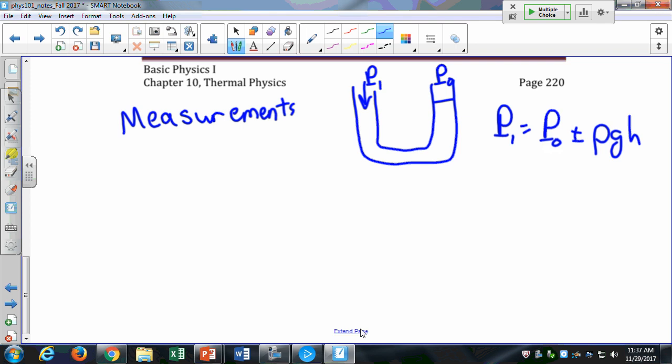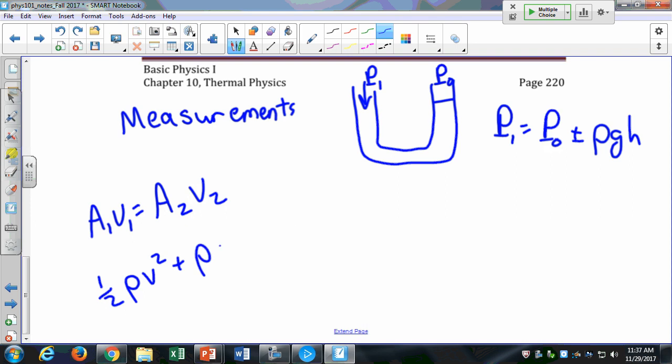Oh, and then fluid motion. You have the equation of continuity, A1 v1 equals A2 v2. And then also Bernoulli's equation, which is really just the conservation of energy. Kinetic energy, 1/2 rho v squared, plus gravitational potential energy, rho g h, plus the work, which is pressure. That's equivalent to work. So this is equal to a constant value.